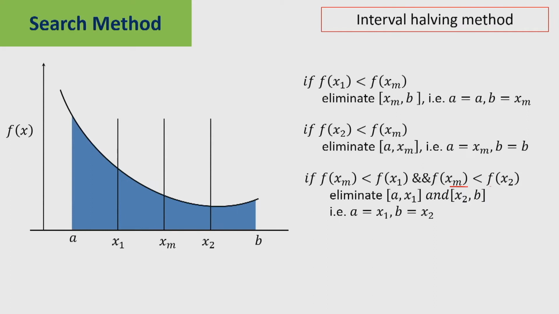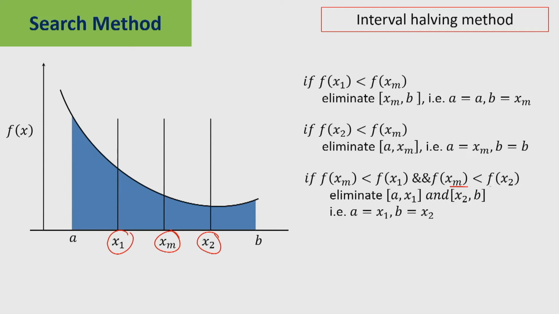As we have explained, we take 3 points and divide the region into 4 equal parts, that means 25, 25, 25, 25. So, x m is the mid, x 1 is the midpoint between a and x m, and x 2 is the midpoint between x m and b. One of these conditions will be true.